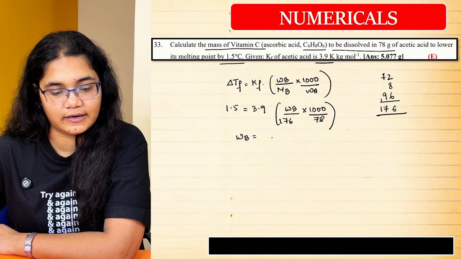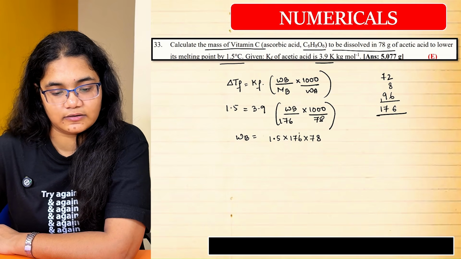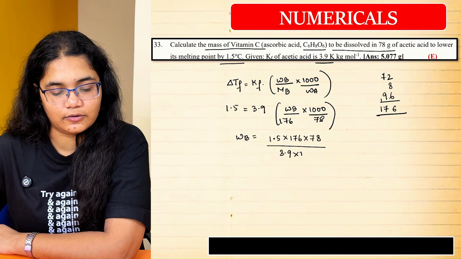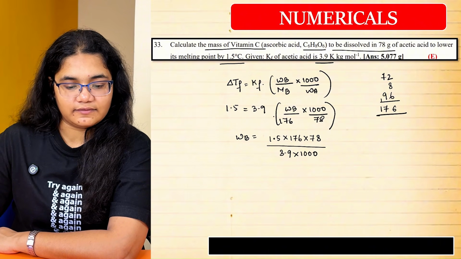So you can calculate it like this: 1.5 into 176 into 78, all multiplied and divided by 3.9 into 1000. Okay, you have 1.5, 176, 78, 3.9 by 1000.